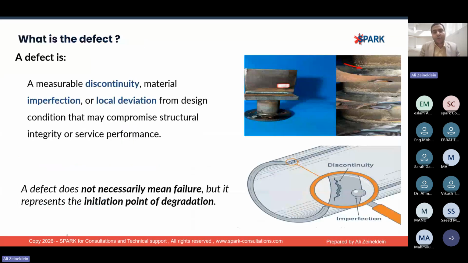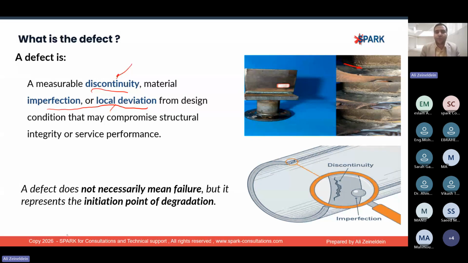Firstly, we should know what is meant by defects. What does it mean by defect itself? The term defect is a measurable discontinuity in material, an imperfection, or a local deviation. Any of these will be named a defect.